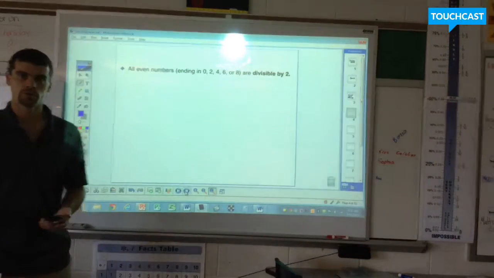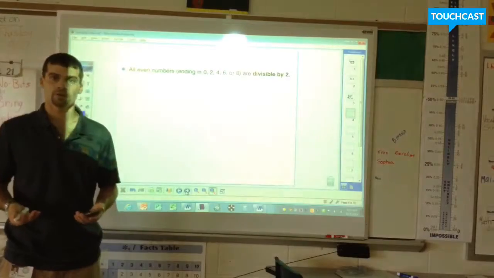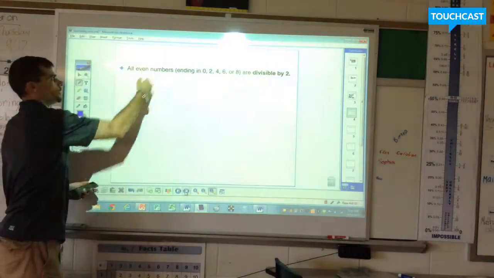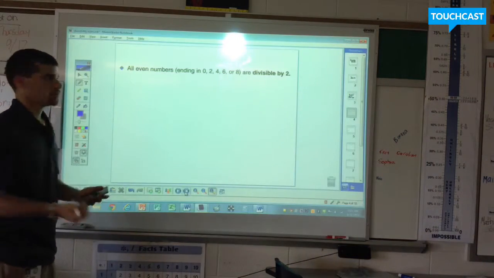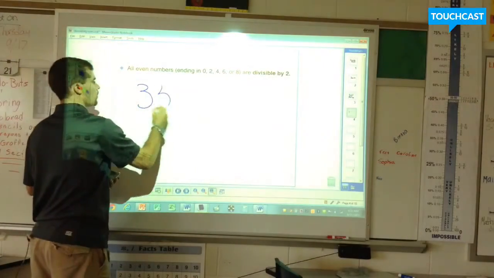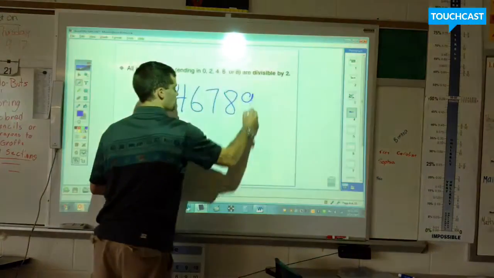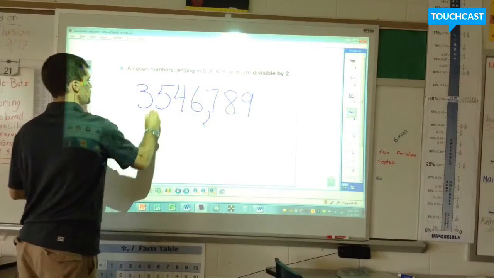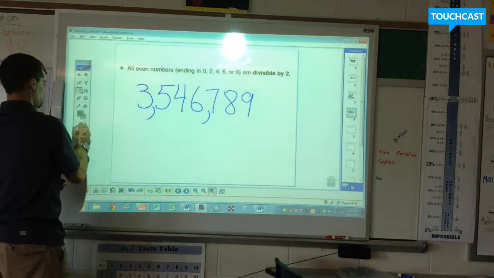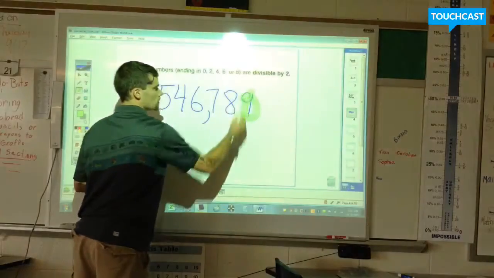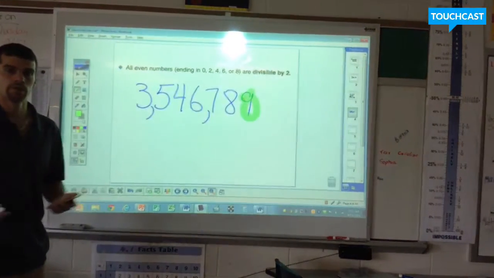2 is relatively simple. You want to make sure you know your evens or odds. Any number that is even is divisible by 2. And it doesn't matter how long the number is. All you need to do is look at the last digit. If that's even, then it is divisible.